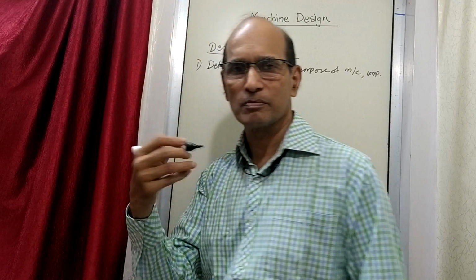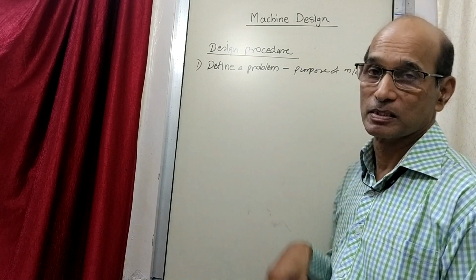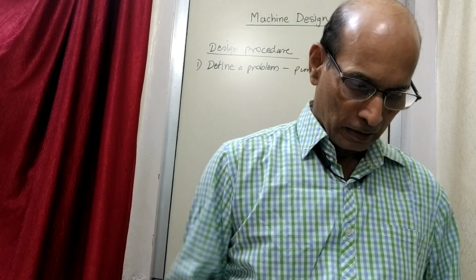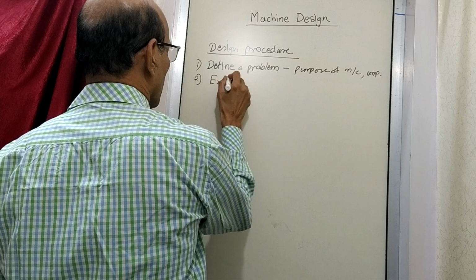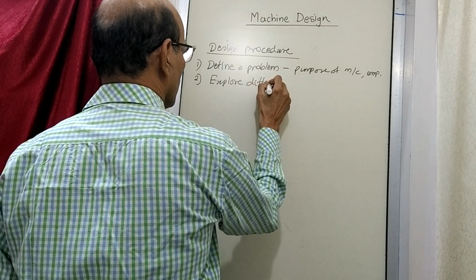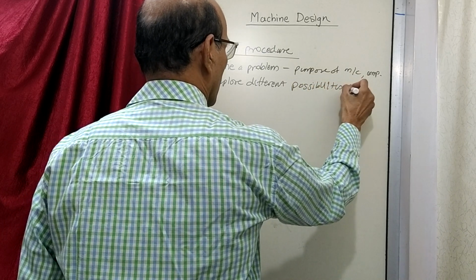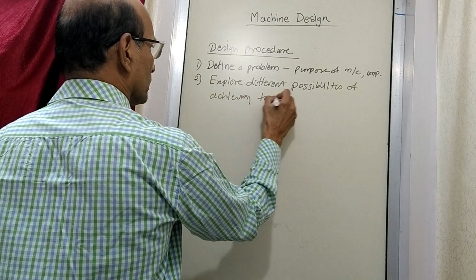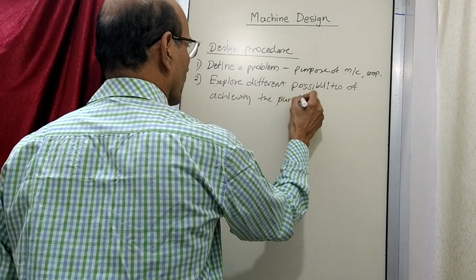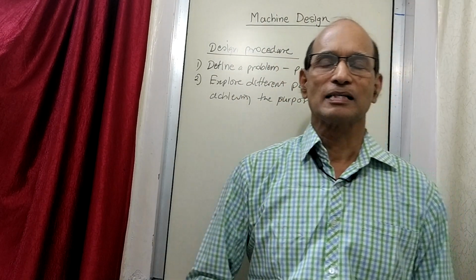When I say machine, it means machine or component, whatever thing you are going to design: what is the purpose of that particular machine or the part. Then, having known the purpose, the next thing is you have to explore different possibilities of achieving the purpose. That means you know why the machine is designed, for achieving a certain task.